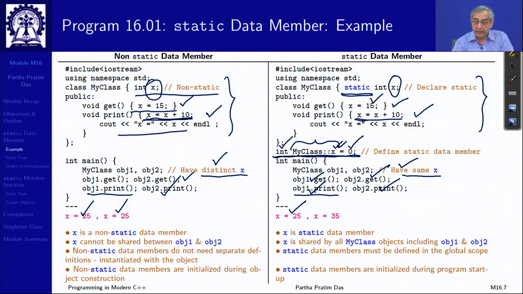So, it is already incremented to 25. If I add 10 to it, it will become 35. So, second time it prints 35. This clearly tells you the difference between a non-static data member and a static data member. Right. So, the explanation is written below for your reference.